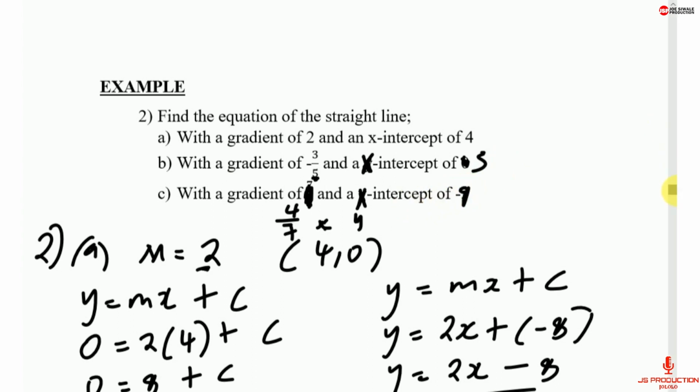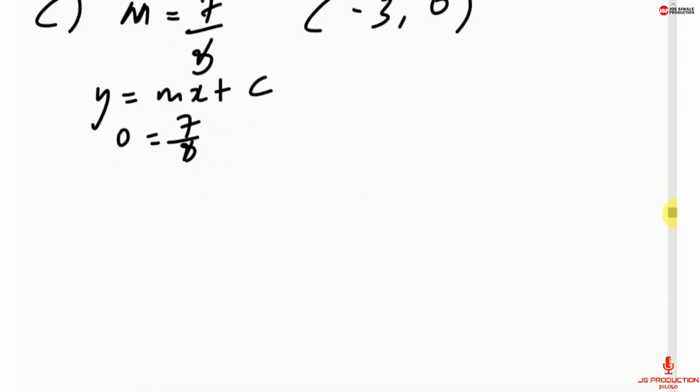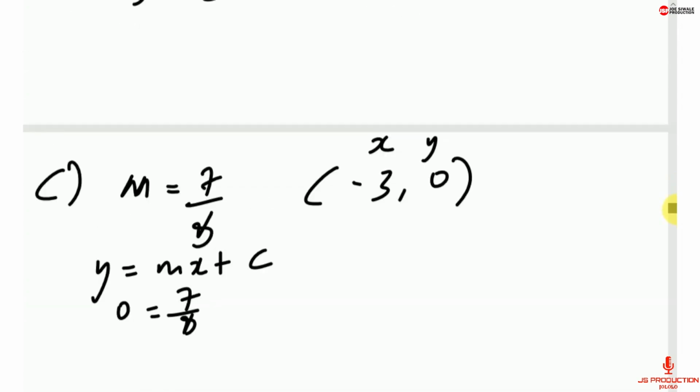I think when preparing the questions there was just a mistake. So we need to change that. We know that this is 4 over 7 and this is negative 9.